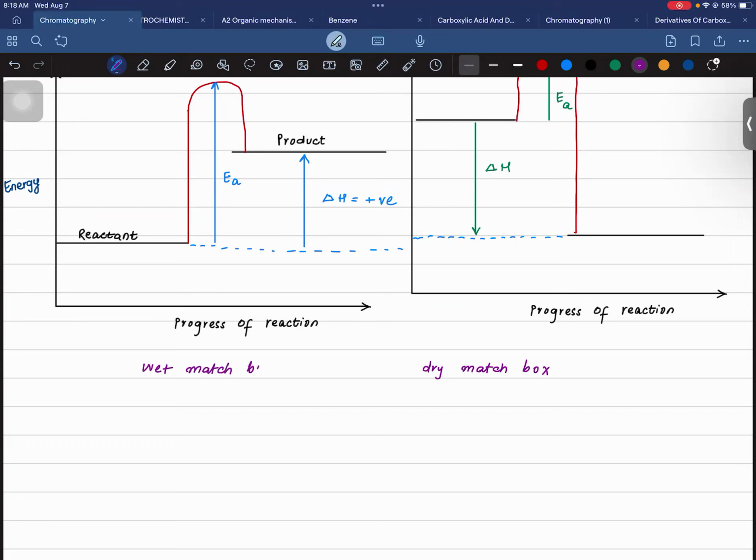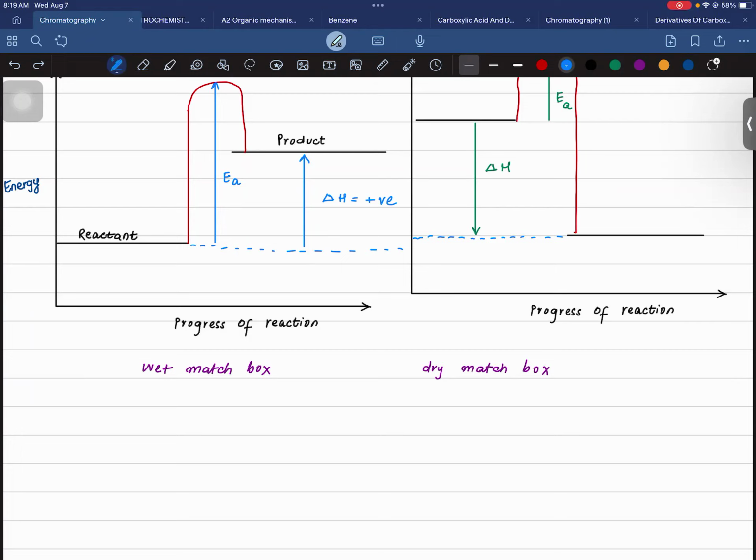What's the difference? Obviously, when you ignite that wet matchbox, it would require higher energy. First of all, it will have to dry, then it will start to combust. So this is the reason endothermic reaction requires higher energy as compared to exothermic systems.